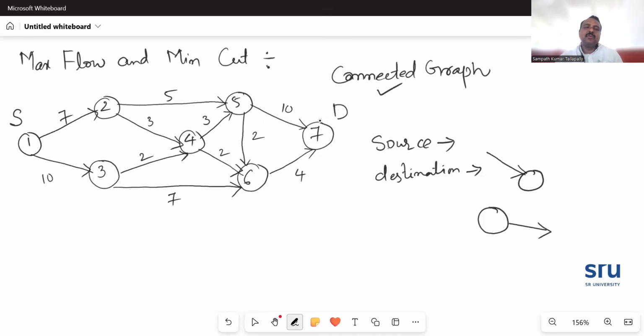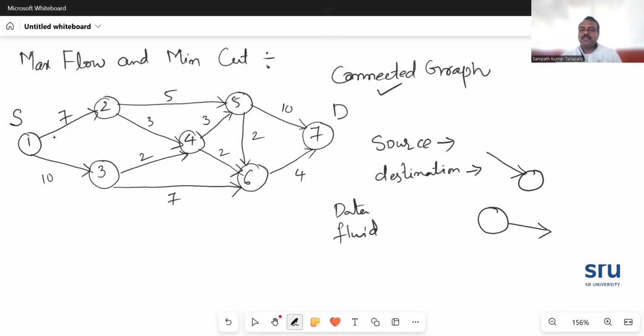Now our task is to find the maximum flow. Assume that we need to pass data, or a fluid, from the source to the destination.